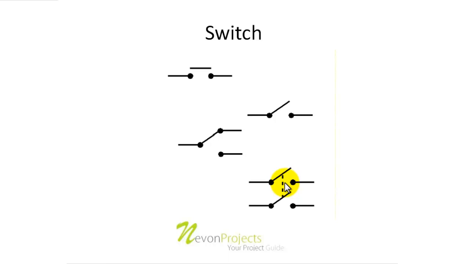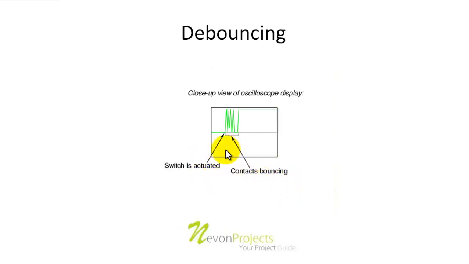Now these switches are not used as standalone but used with a capacitor, and the reason for it is debouncing. Let us see what is debouncing. Whenever a switch is actuated, that means whenever a switch is pressed, suppose that when the switch is pressed it will give a high signal.